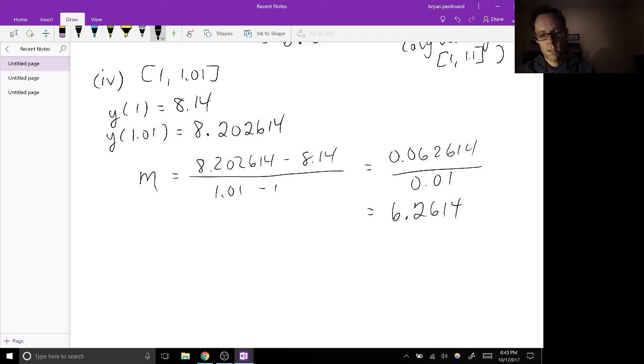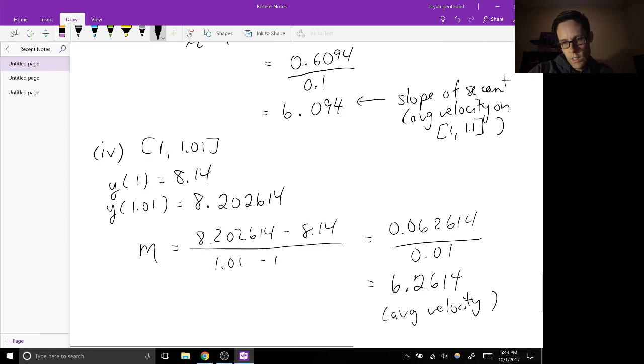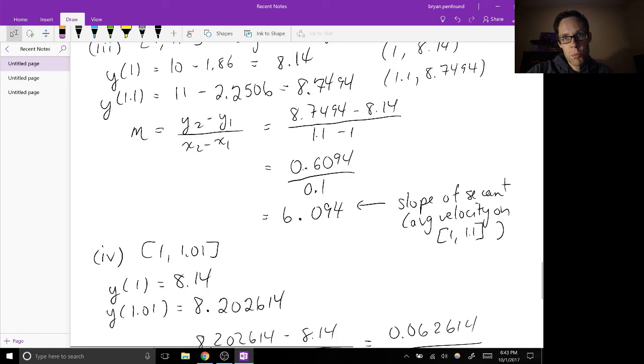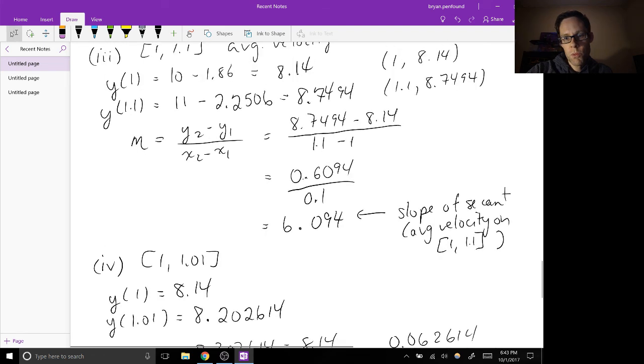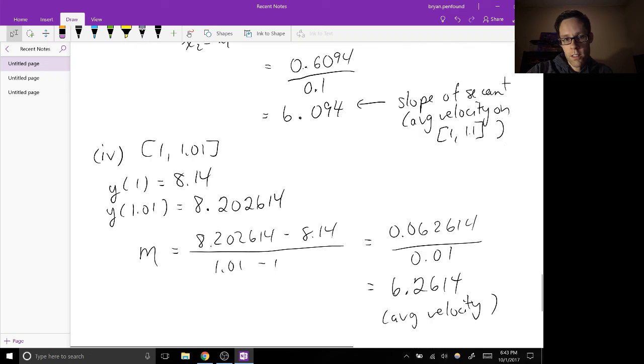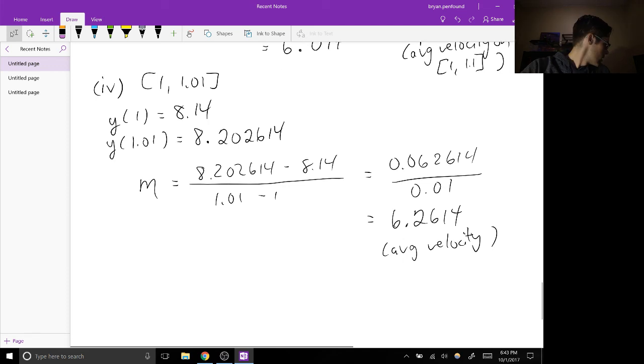That gives a secant slope, or average velocity, of 6.26. Based on these two examples, I don't know if you can easily see a pattern, at least not quite yet.